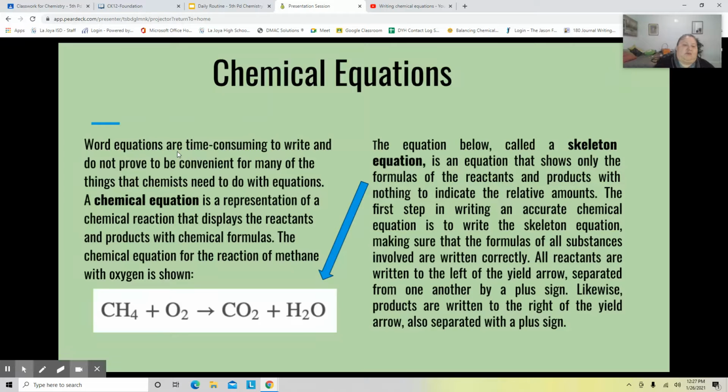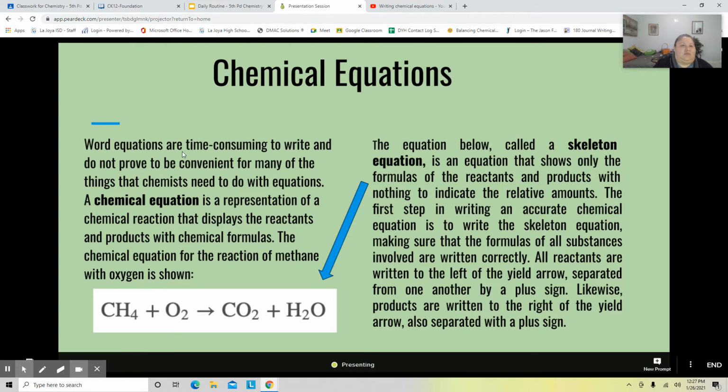But you have to remember that these word equations don't provide enough information that we as chemists need. I don't have the number of moles. I don't have how much product is being produced. There's still a lot of information that these word equations do not provide.